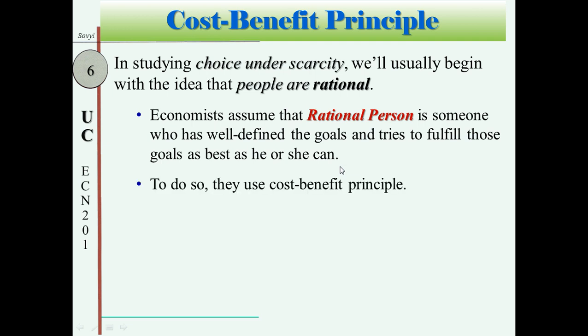To do so, they use the cost-benefit principle. Just to remind you, in the previous movie we were looking at cost-benefit analysis. Who still remembers the concept of cost-benefit analysis?